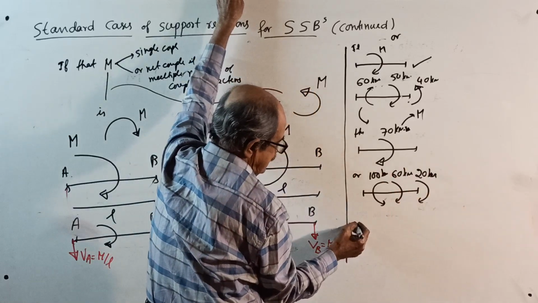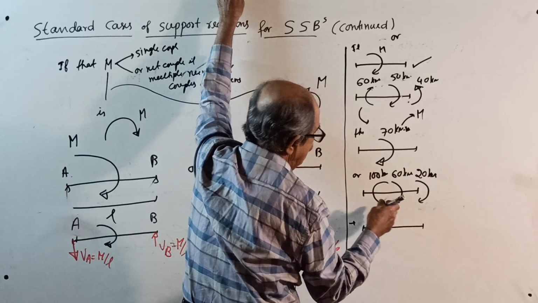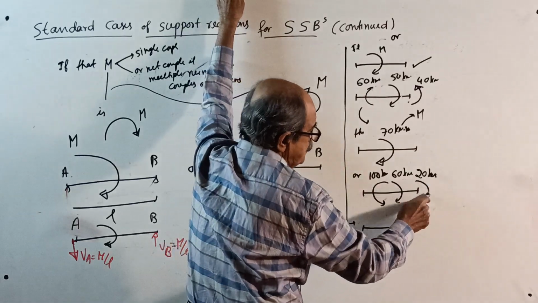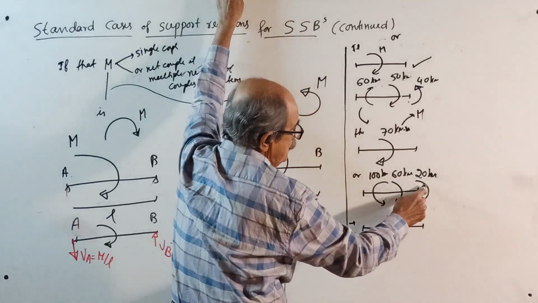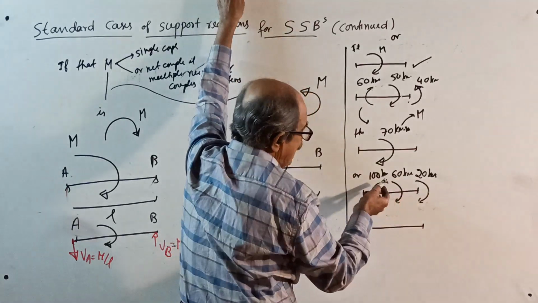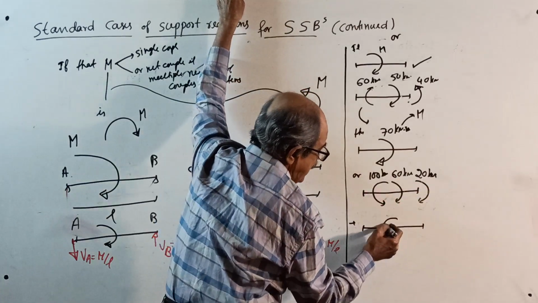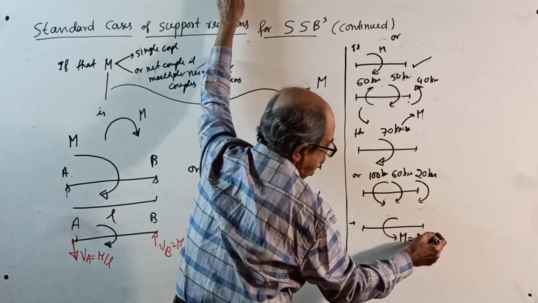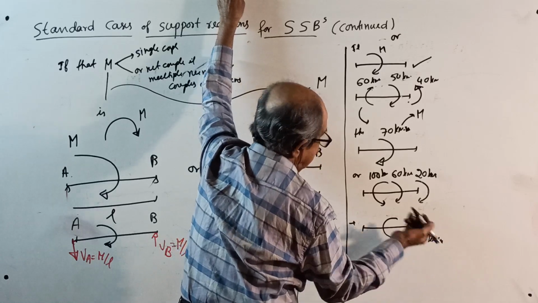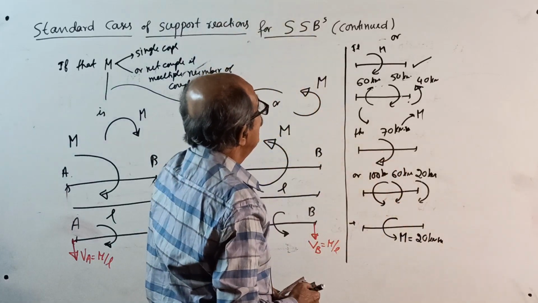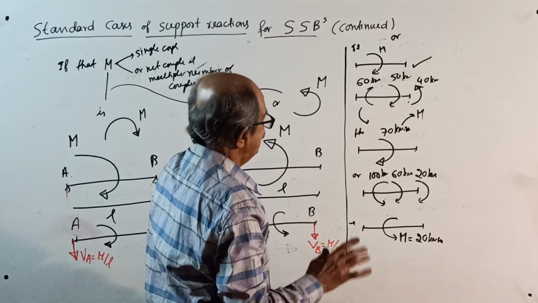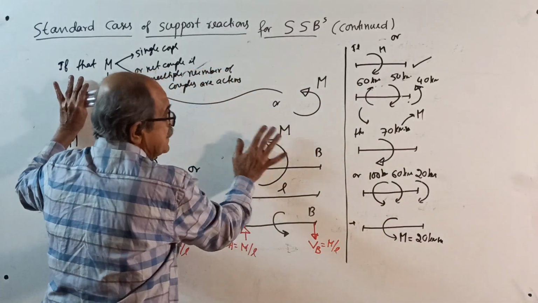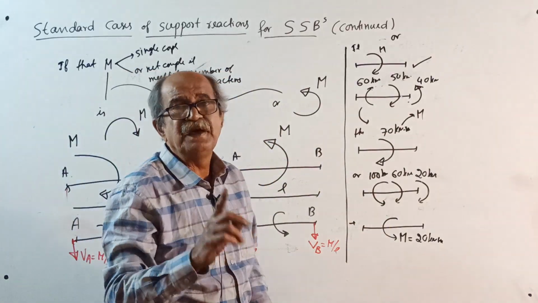Then the net couple M: clockwise 60 and clockwise 20 gives clockwise 80, against anti-clockwise 100. So M will be anti-clockwise of 20 kilonewton meter. Just an example. But remember, in the expression here, M is the net couple.